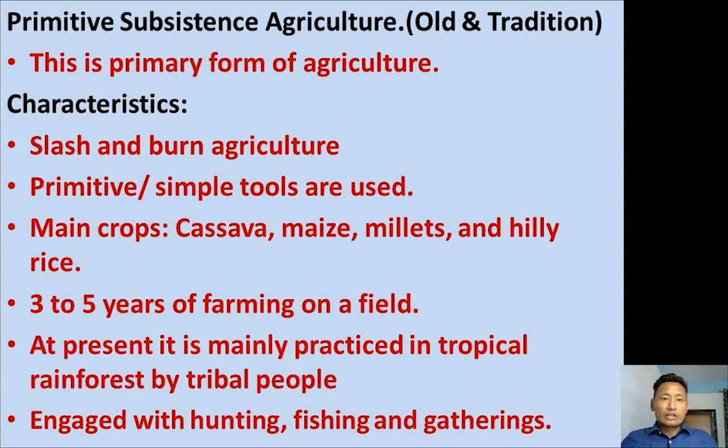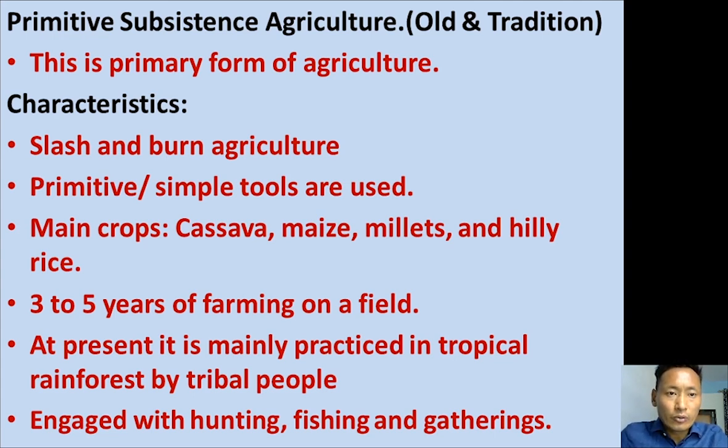Characteristics: this type of agriculture is also called slash and burn agriculture. In order to make agricultural land, first we have to slash the vegetation which has grown on that particular patch of land, like trees, shrubs and herbs.